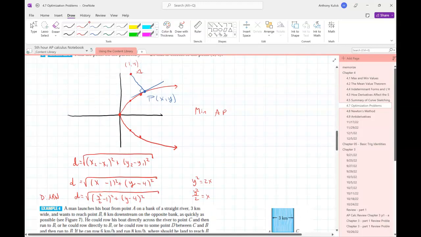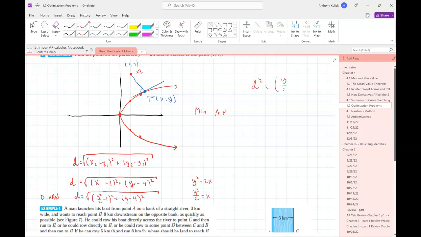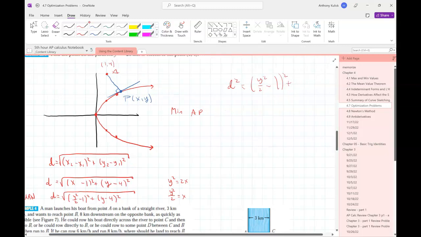All right, so let's do the derivative then, right? Mr. Kulik's not going to do that, not first. What do you suppose he's going to do first? Yeah, I'm going to square both sides. Now, is that okay to do?